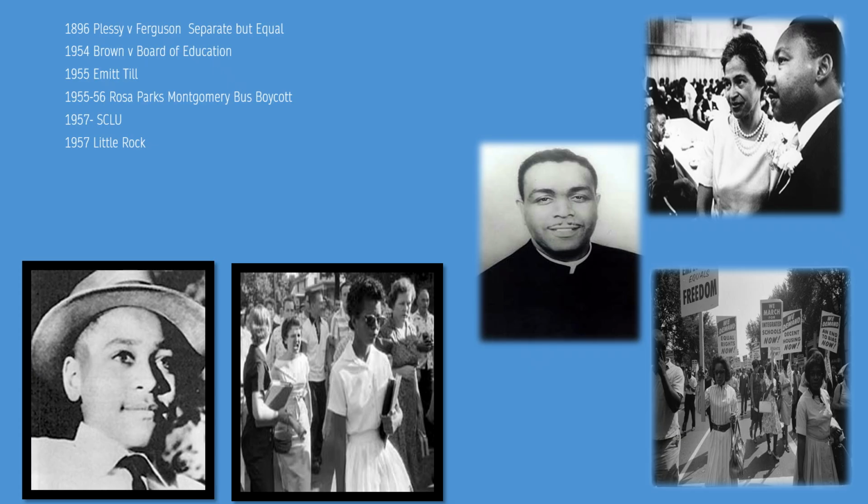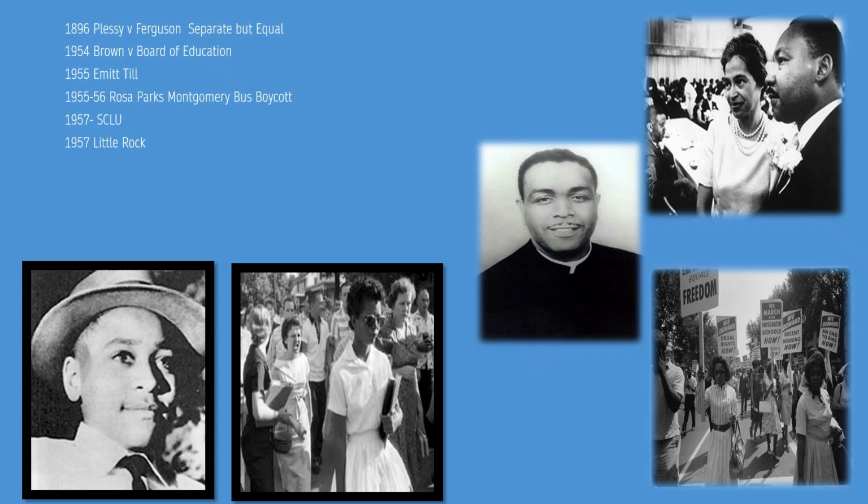So he travels from Chicago to visit some relatives in Mississippi. He'd grown up in the North the entire time, so he was used to different racial customs than what we had in the South. And he did not really understand the dangers of what was called the Jim Crow South.